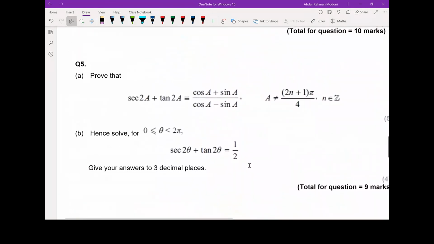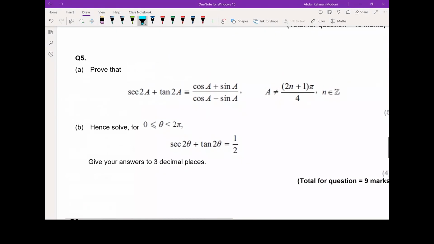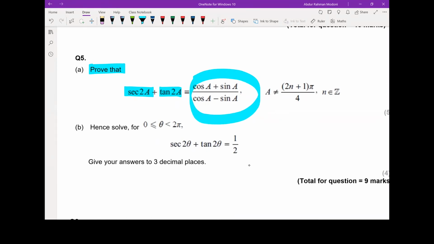Suppose we've got something like this here. It's a proof question, but look at my left-hand side. I've got one term, two terms. Look at my right-hand side. I've got a single term over a fraction. So chances are I'm going to have to combine these two. And the only way I can do that, I'm thinking here, is, okay, I might write down sec as 1 over cos.